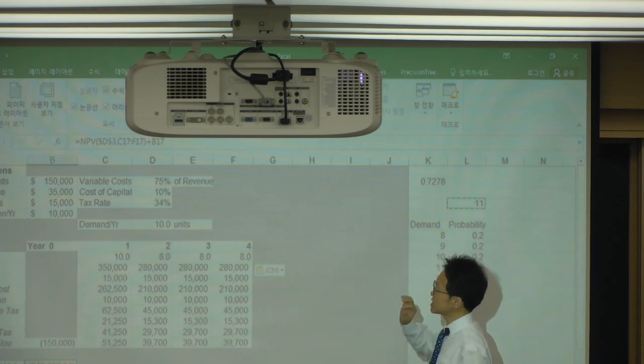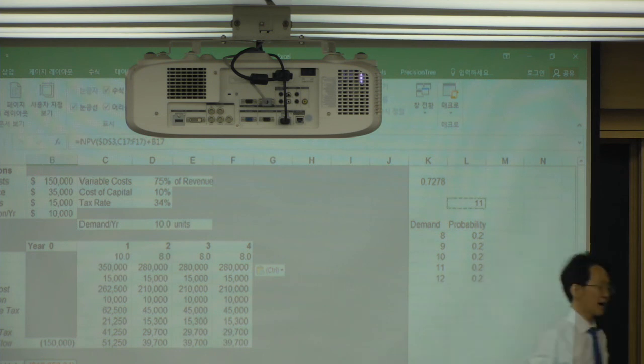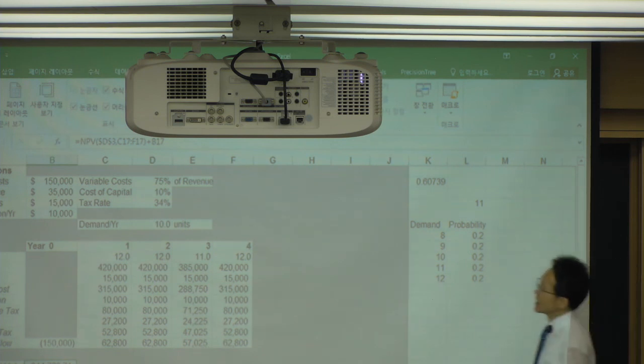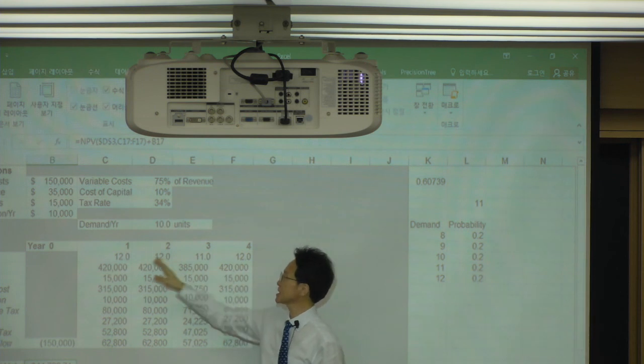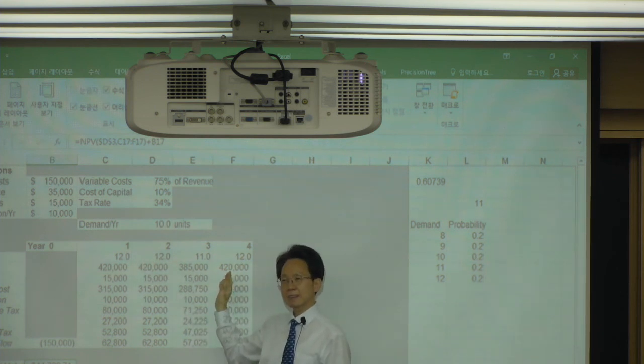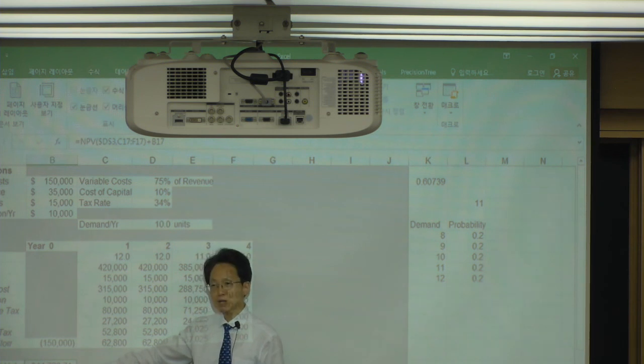In other words, I generate one more set of random numbers by pushing F9. And it turns out that the demand can also be 12, 12, 11, 12, not 10, 10, 10, 10. If that is the case, the net present value is much larger than the original one.